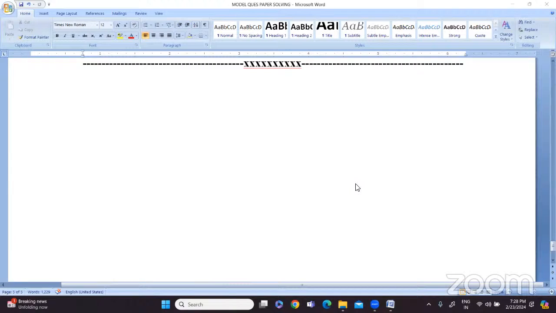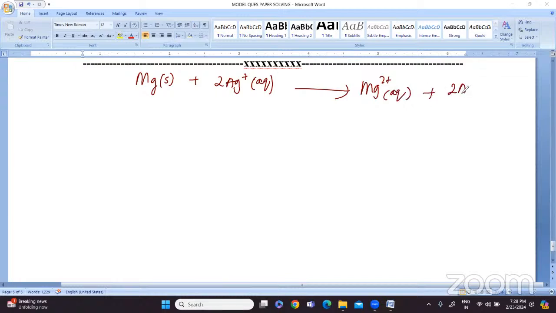So how are we going to find it? I'll write the equation so that it will be easy for you also. The cell reaction is Mg plus 2Ag+ aqueous giving Mg2+ aqueous plus 2Ag. E naught of the cell is given as 0.059 by n log Kc.